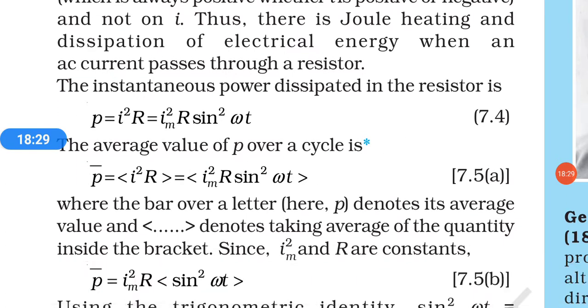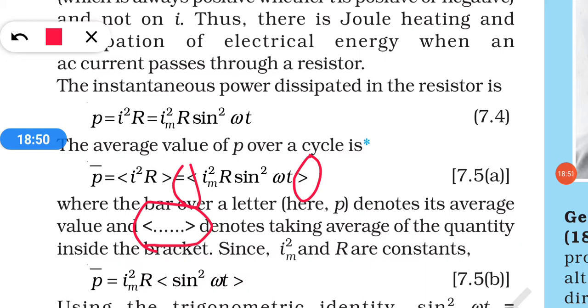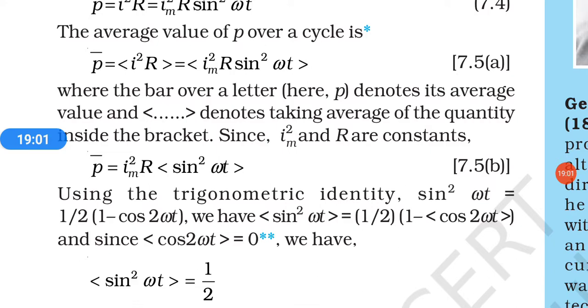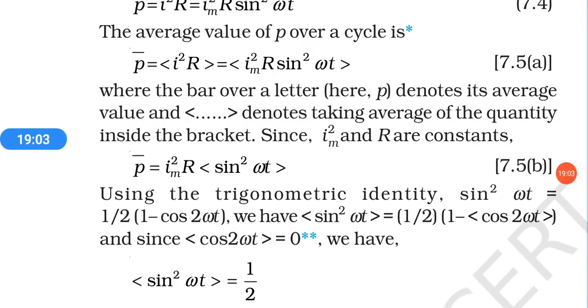Now here we find the average value of P over a cycle. P bar is equal to I square R, where the brackets denote taking the average of the quantity inside. Here Im square and R are constants, so we need to take the average of sin square omega t.